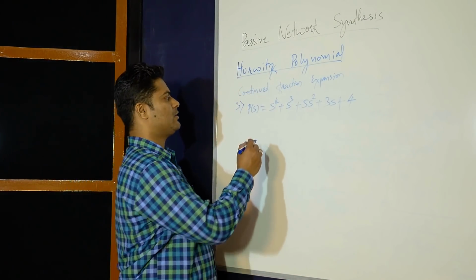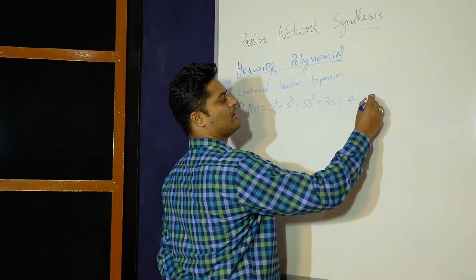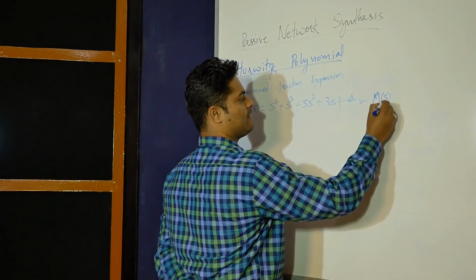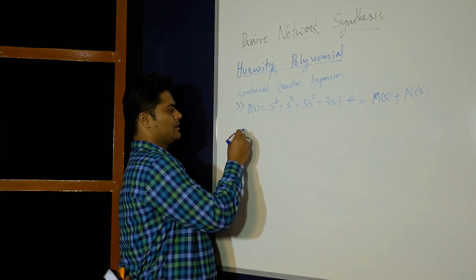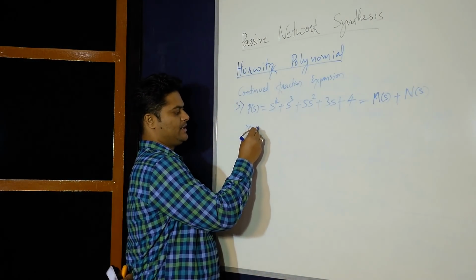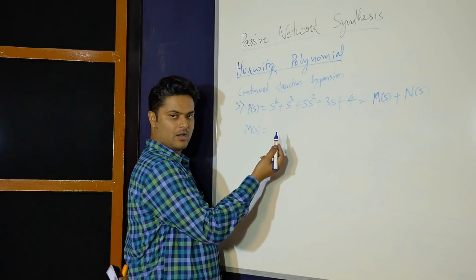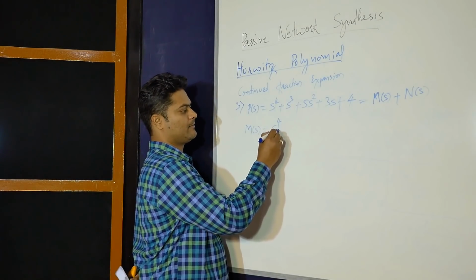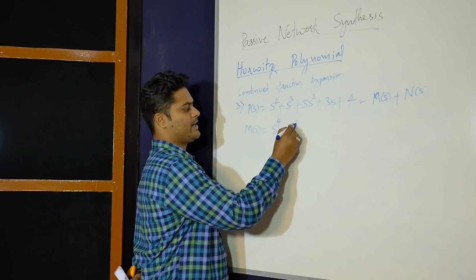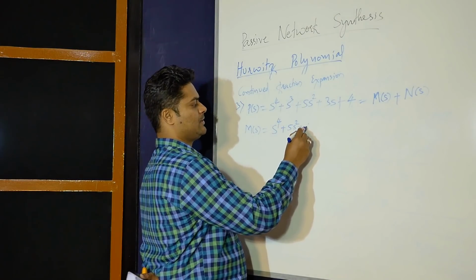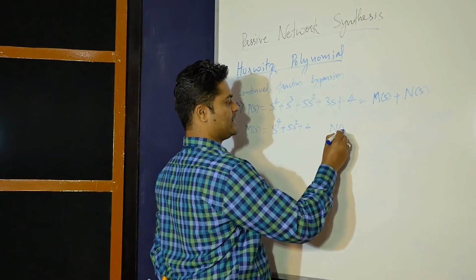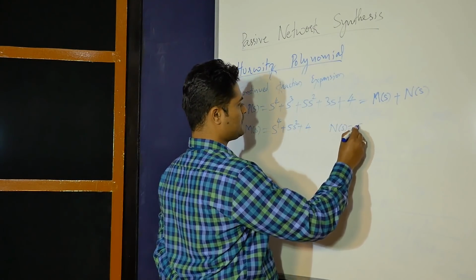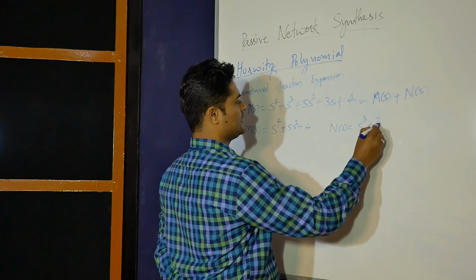For that we have to find the even and odd polynomials, m of s plus n of s. The even polynomial m of s is s to the power 4 plus 5s square plus 4, whereas the odd polynomial n of s is s to the power 3 plus 3s.